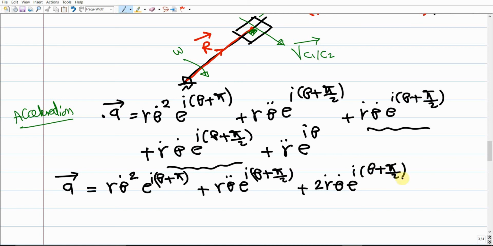We just sum these two terms together, plus r double dot e^{i theta}. Make sense? So we're gonna end up that the acceleration has 4 terms in case both r and theta are variables.